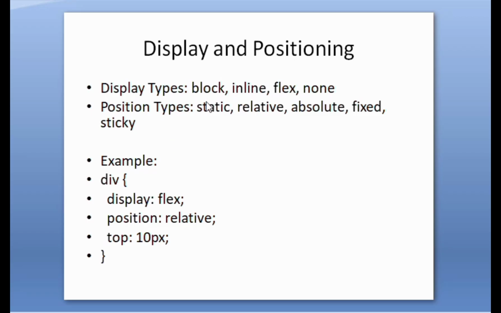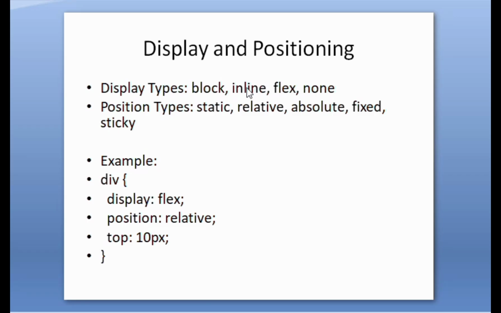The first one is block. I will explain in simple words and then move to the examples. Block: the element takes up the full width available. Next we have inline. It takes only as much width as needed. Next, flex turns a container into a flexible box layout, used for building responsive layouts easily.